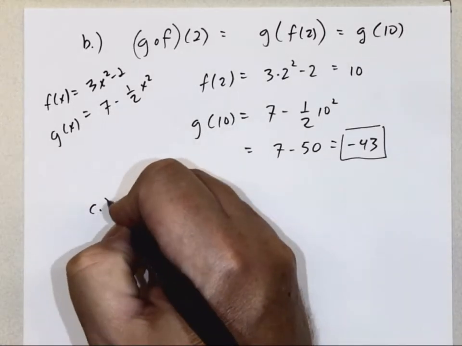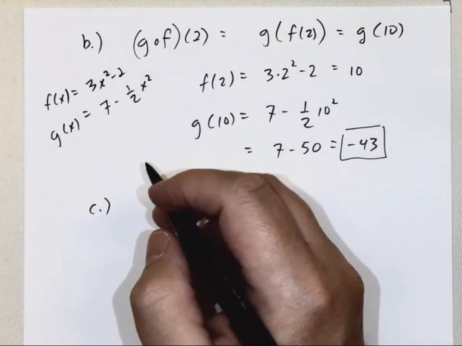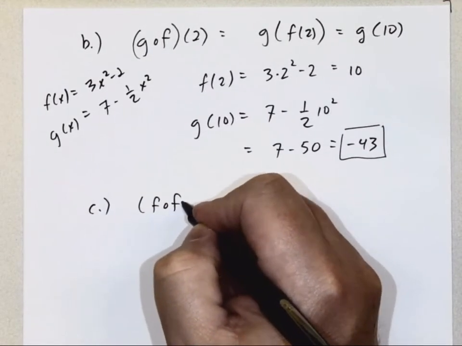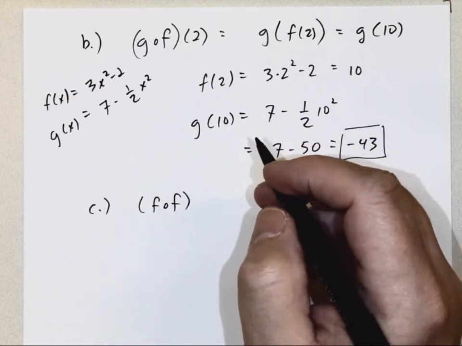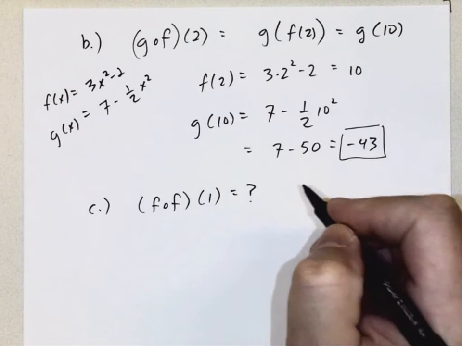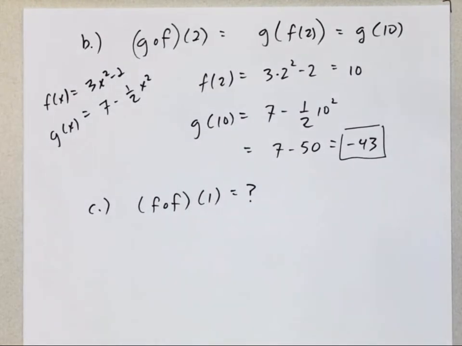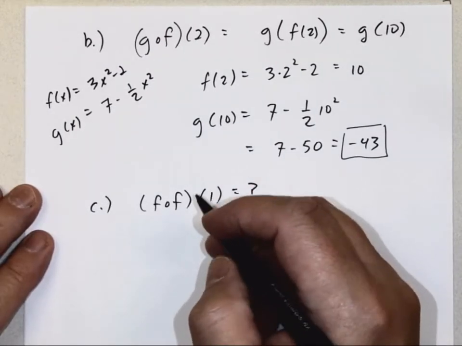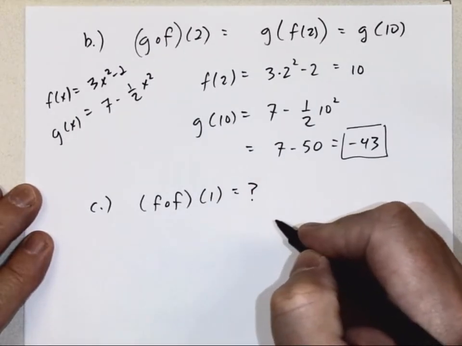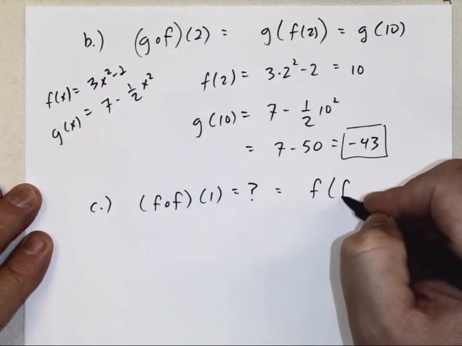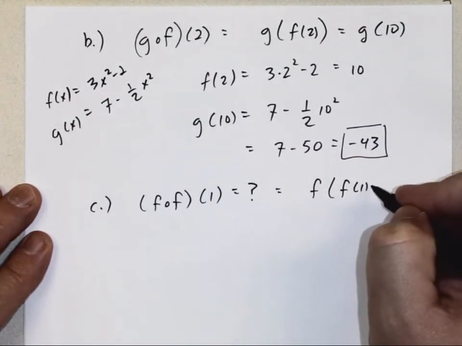Part C, it's interesting. Let's see how you go about this. f composite f of 1. Maybe at first you're confused about what to do here, but if you just simply rewrite it in function notation, f of f of 1.